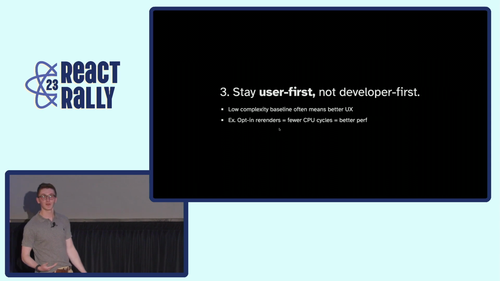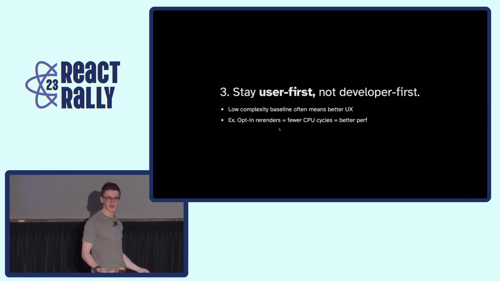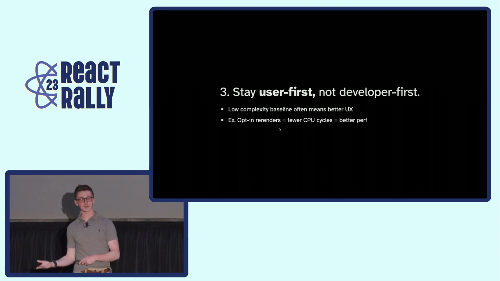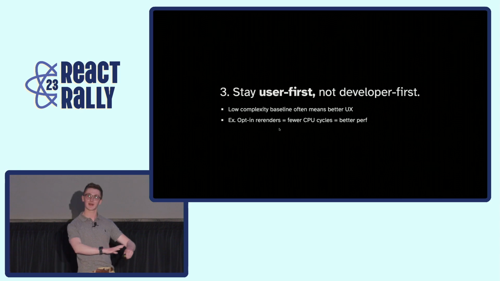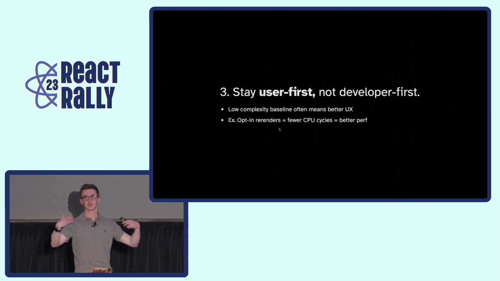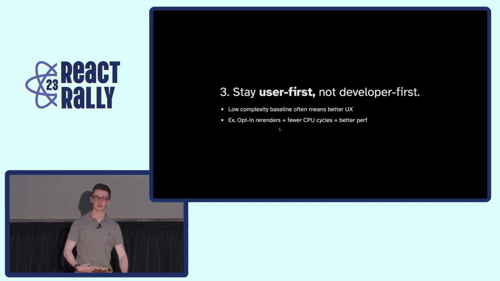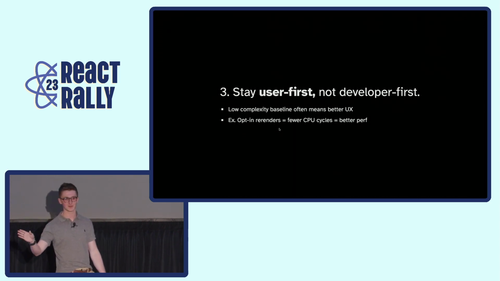The last one, of course, stay user first in all of your tools. Lower the complexity baseline. It can often lead to better user experience. Complexity is in how complex the application is when it's shipped, not necessarily how complex your tools are. You only want to ship the bundle that you yourself can understand and what the user needs to download. And I'm not just going to say time to interactive is what you need to optimize for.